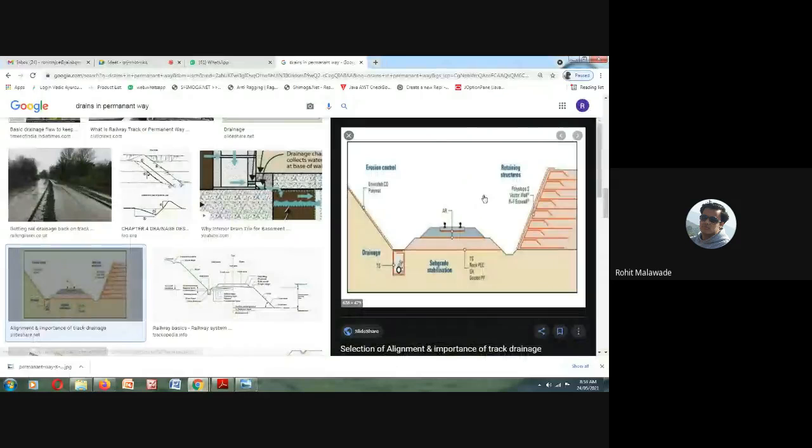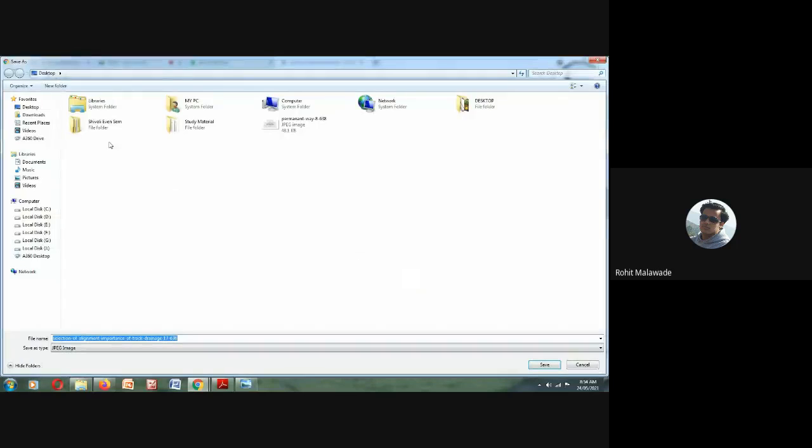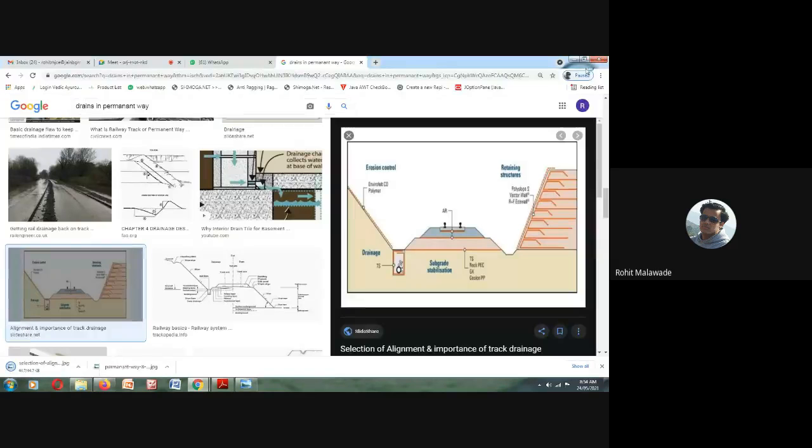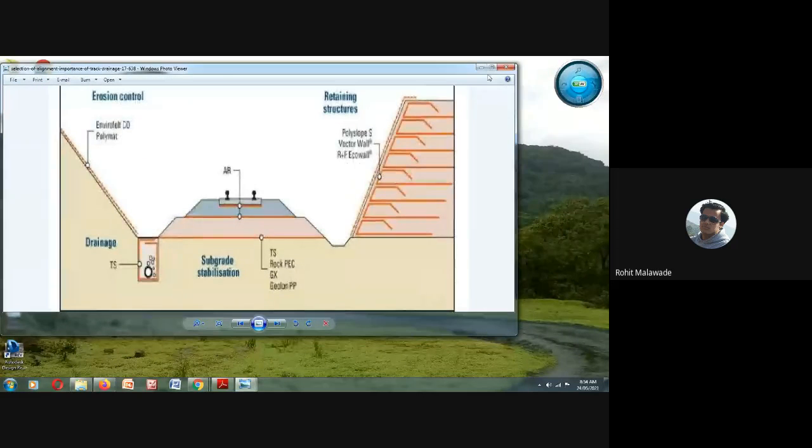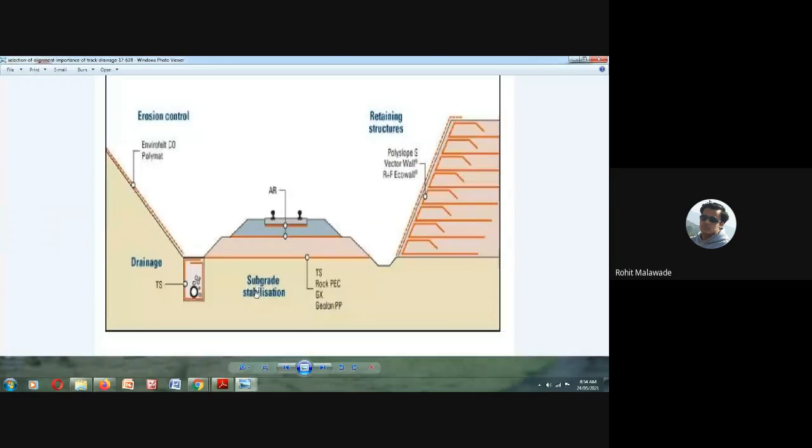Okay, so this drain is going to be required. Whatever rainwater we have, if we don't provide the drains, so this is the drainage that we are going to maintain.